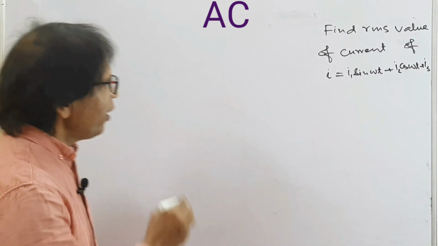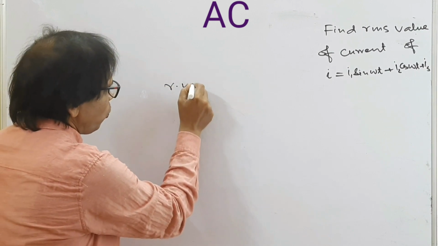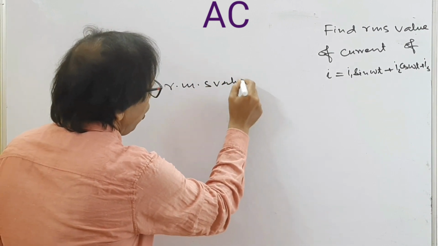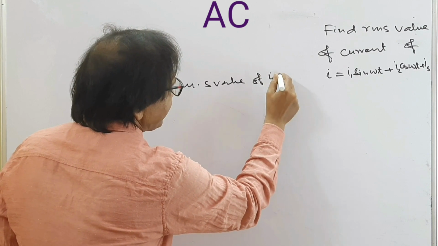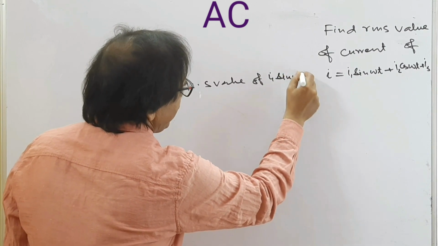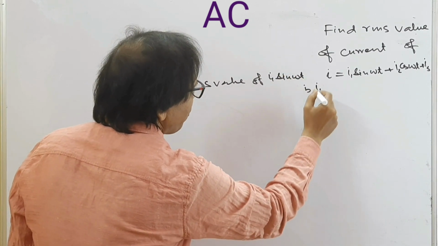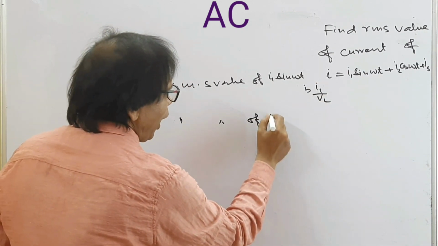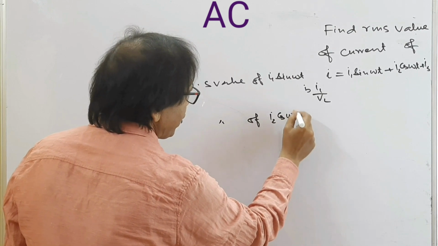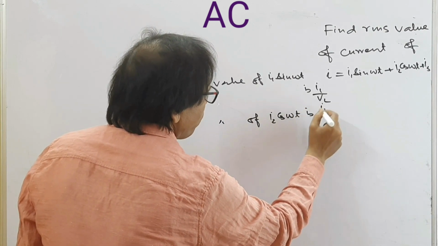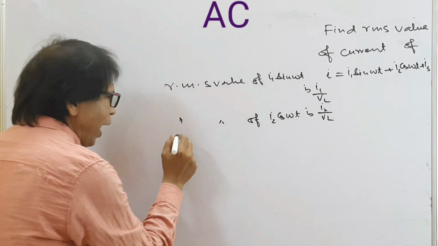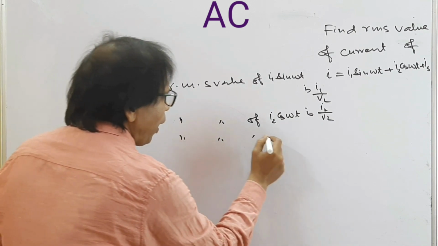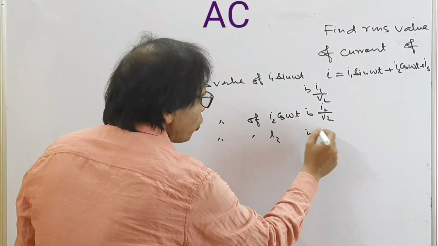So look at this, the RMS value of I1 sin omega t is I1 by root 2. Now the RMS value of I2 cos omega t is I2 by root 2, and the RMS value of I3 is also I3.